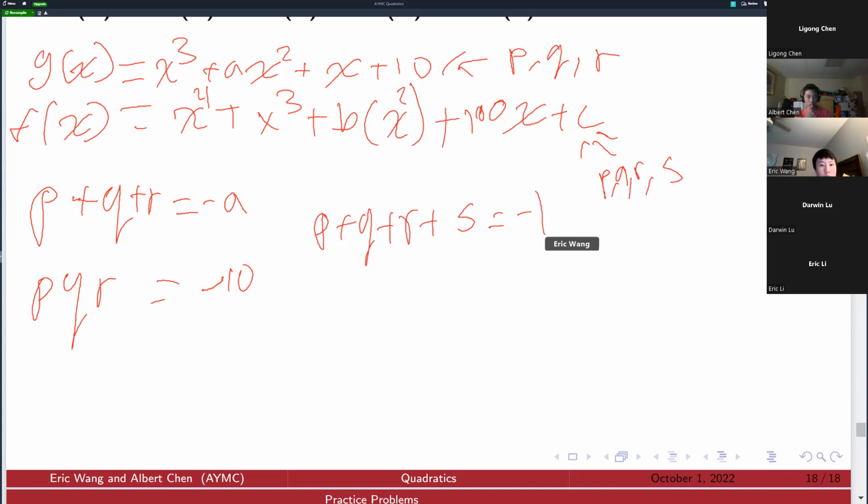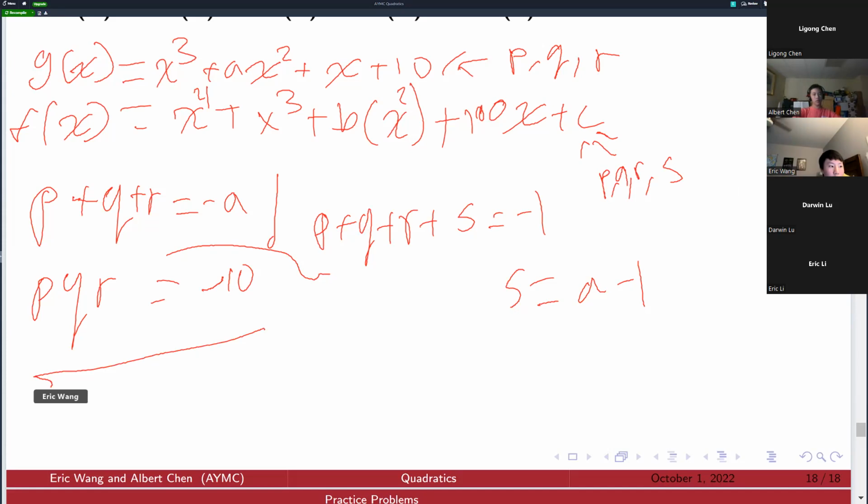And you use these two to get that s equals a minus 1. And now, since we know pqr equals -10, we also know through Vieta's formulas, on the linear term of g of x, that pq plus qr plus pr equals 1.